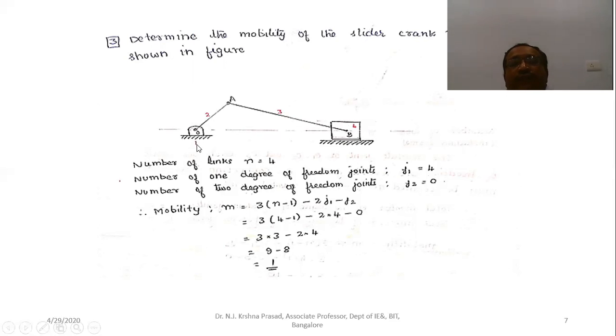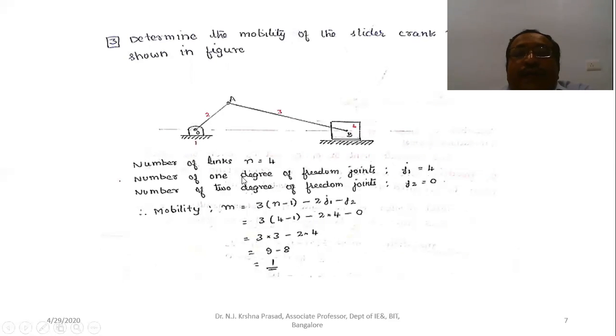So first you give the link numbers. For the fixed frame, you give the number 1. OA is 2, AB is 3, and the slider is 4. So the total number of links is 4.